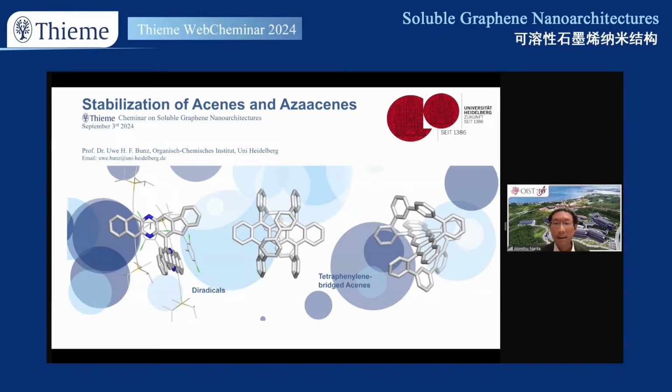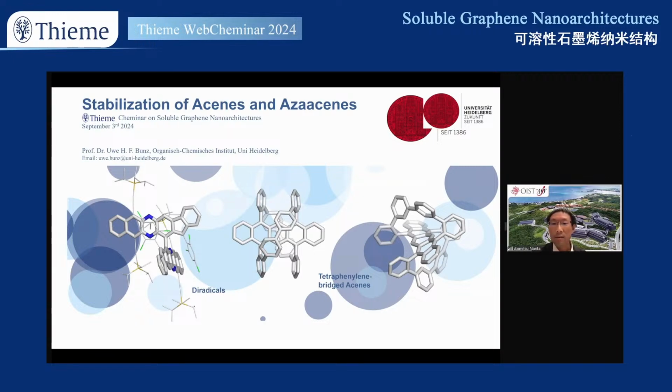So Professor Uwe Bunz is from the Institute of Organic Chemistry, University of Heidelberg. He was born in Arnsberg, and he studied chemistry in Munich at the Ludwig Maximilian University, where he received his diploma in chemistry in 1987. The doctorate in chemistry, Dr. rer. nat., in 1990.